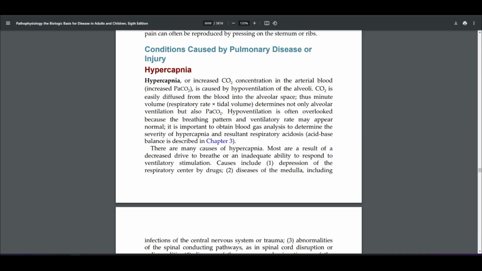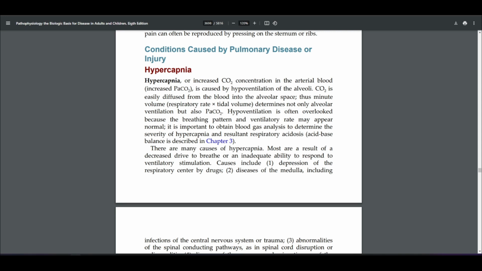Thus, minute volume determines not only alveolar ventilation but also the PaCO2. Hypoventilation is often overlooked because the breathing pattern and ventilatory rate may appear normal. It is important to obtain blood gas analysis to determine the severity of the hypercapnia and resultant respiratory acidosis.